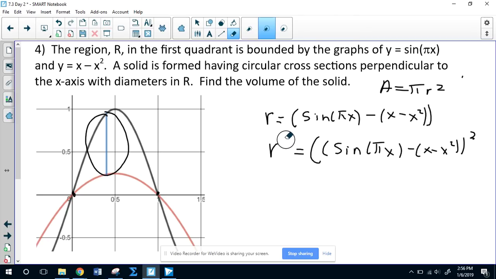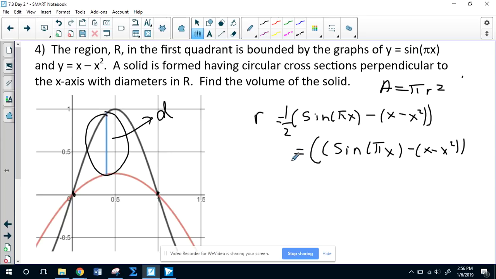So my r is actually not this, but is instead half of that, because this is the whole entire diameter. So what I gave you before was the diameter. This is actually the radius. So when I square the radius, I get a 1/4 out front, and this is squared.